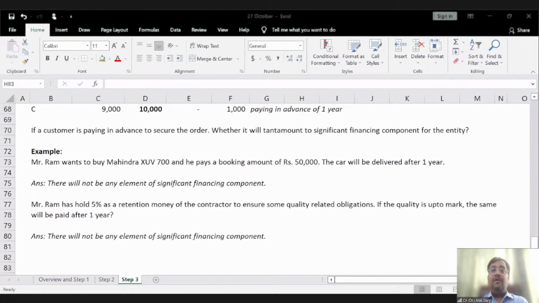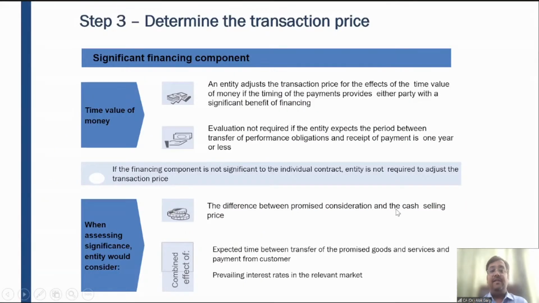Good. So let me share my presentation again. Significant financing component we have discussed when there is a time value of money, right? The difference between the promised consideration and the cash selling price. So expected time between transfer of the promised goods and services and payment from the customer. Prevailing interest rate in the relevant market.